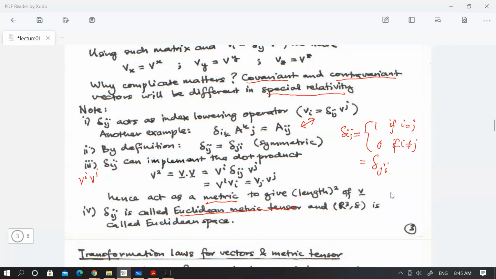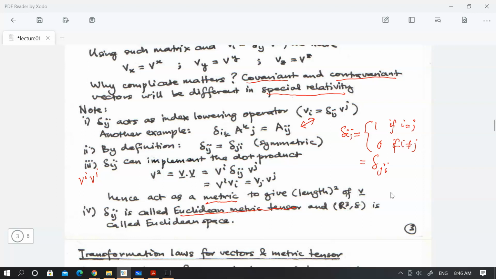By contracting the components of the vector, it gives you a length squared. And the space that has this Kronecker delta would be a space with an orthogonal basis.